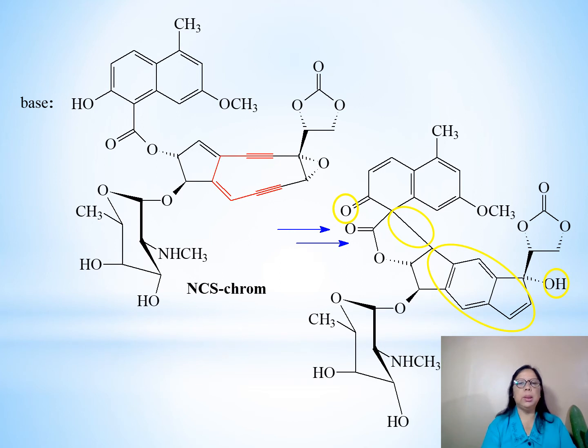So cycloaromatization, this will happen. So this is the thing that will be free. Okay. So this structure also contains a structure that will not be involved except for the carbon to carbon here.